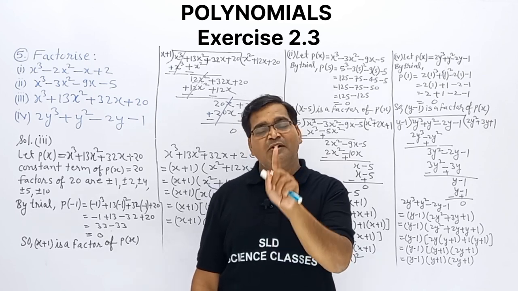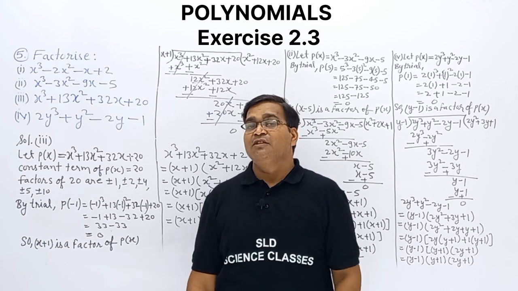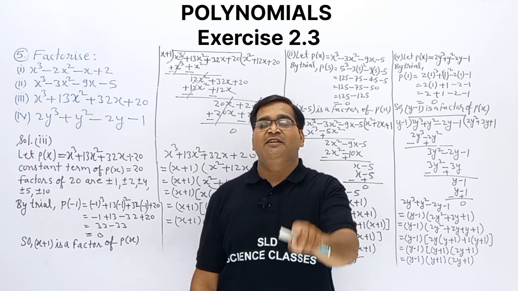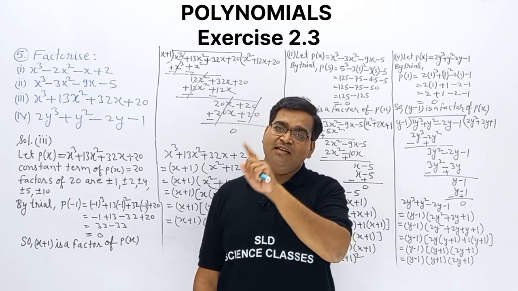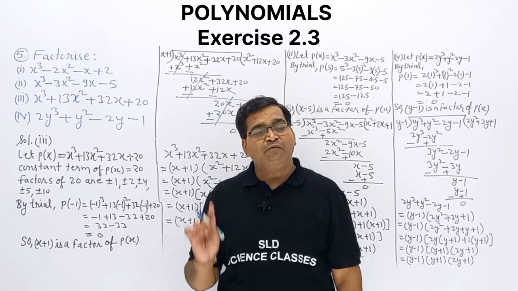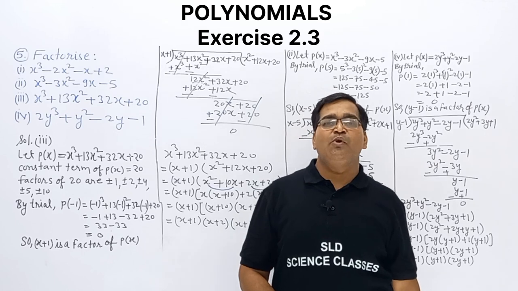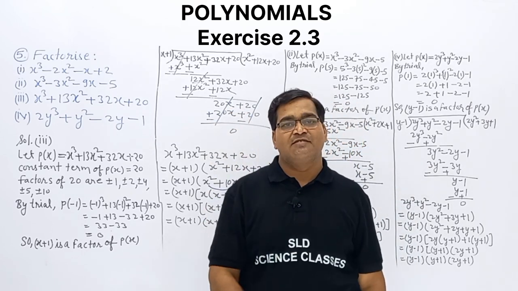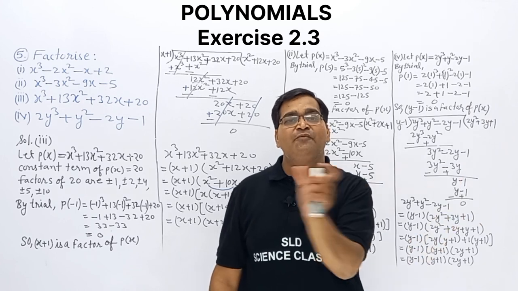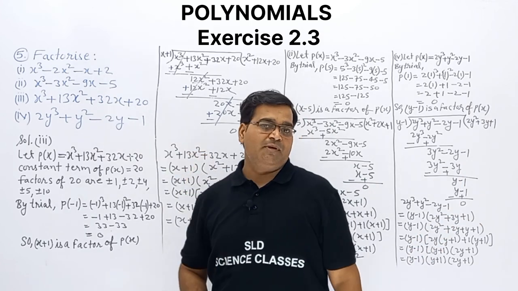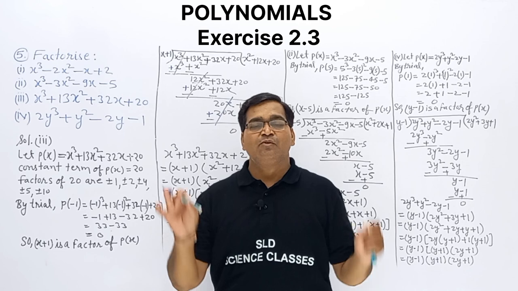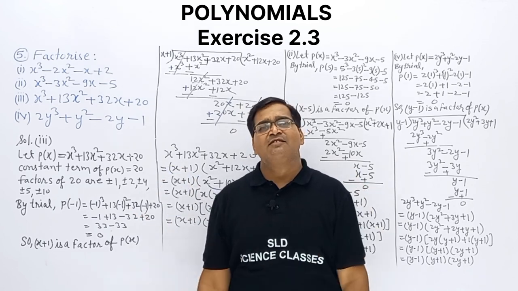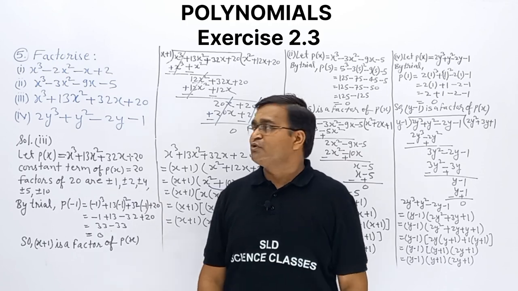Then, once we find one factor, we will divide the given polynomial by that factor. Then we get a quadratic polynomial. Then we will factorize the quadratic polynomial, and from it we get two factors. So in this way we get three factors of a cubic polynomial. This is the process of solving these questions. Now the remaining questions are simple once you understand this process.